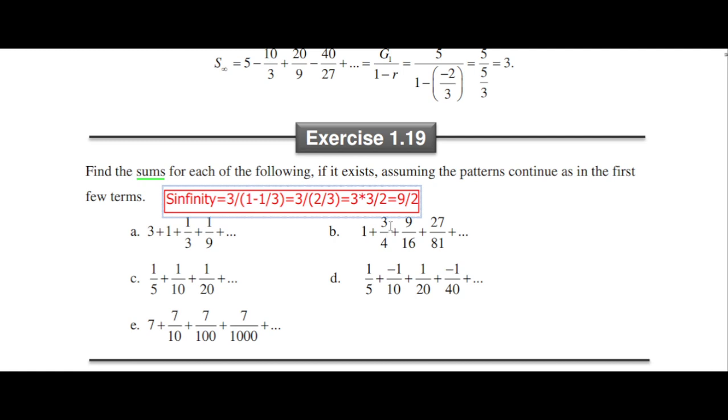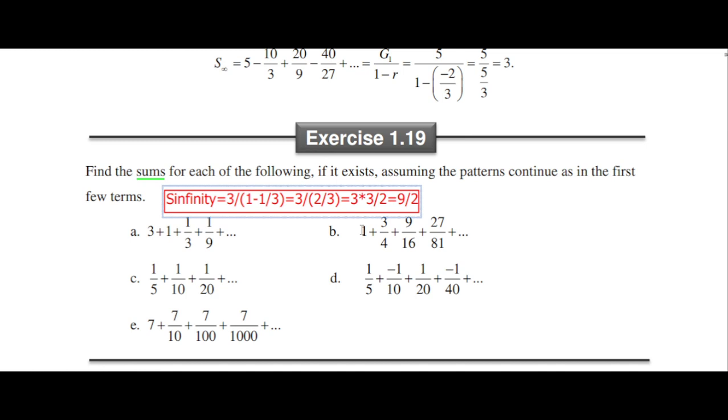Let's cross check it. 3 over 4 times 3 over 4 is 9 over 16. 9 over 16 times 3 over 4 is 27 over 4 times 16, which is 64, but here we have 81. So this is not a geometric series.